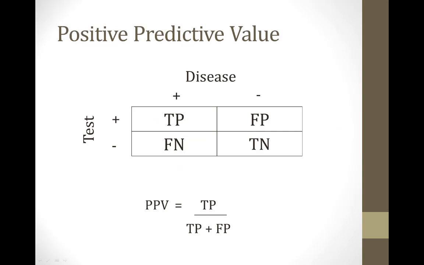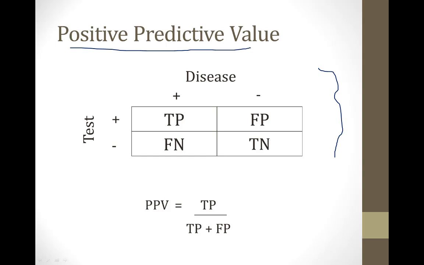So let's revisit the 2 by 2 table, which I described in detail in the module on sensitivity and specificity. But this time we're going to use the 2 by 2 table to calculate something called the positive predictive value. So just like the name implies, the positive predictive value is the percent of positive results that are accurate.